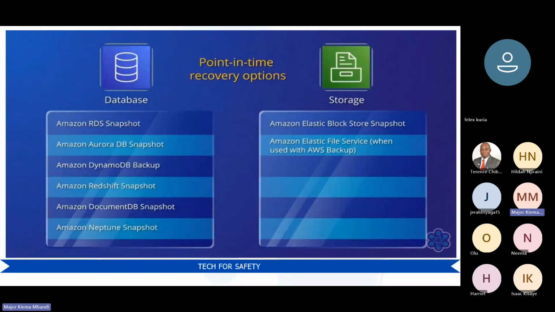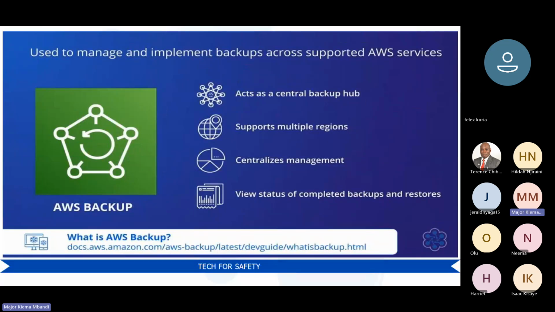So let's move now to AWS Backup. You can see it is used mostly with this type of disaster recovery strategy. So what is AWS Backup? It is used to manage and implement backups across supported services. There are some supported services that can make use of AWS Backup, and with integration, it acts as a central backup hub. So it's like backup as a service, supports multiple regions, centralized management, and then you can view the status of completed backups and restores.